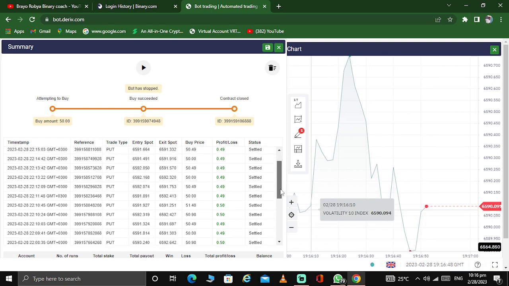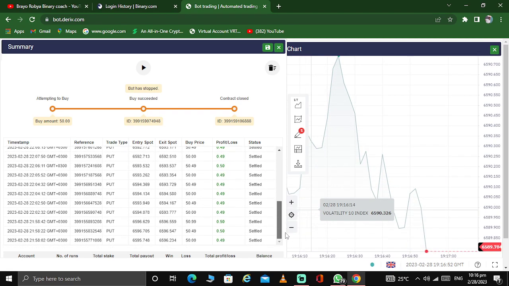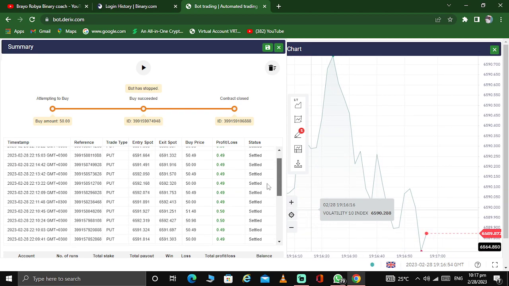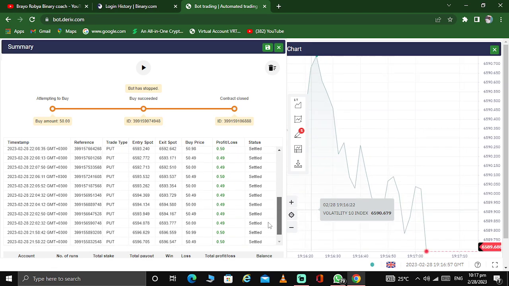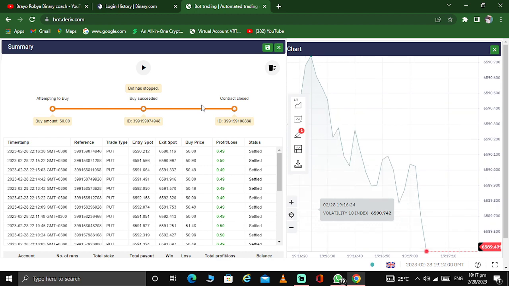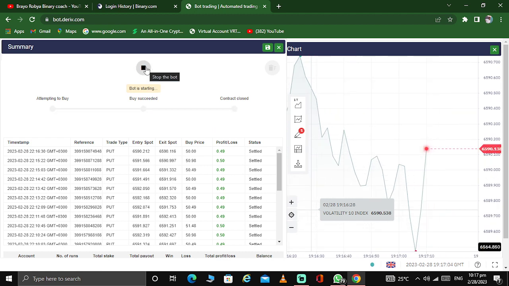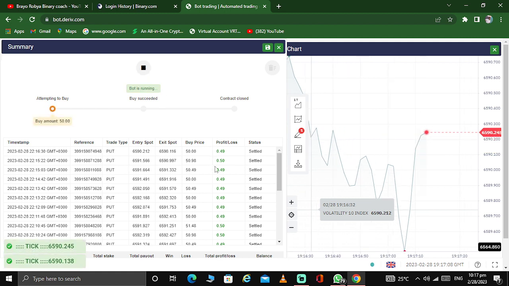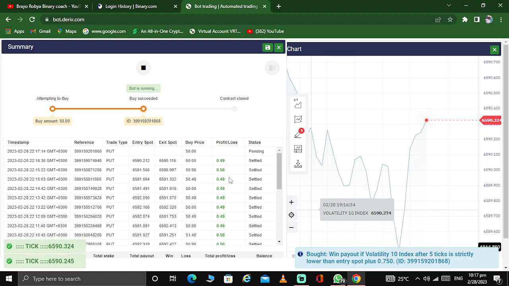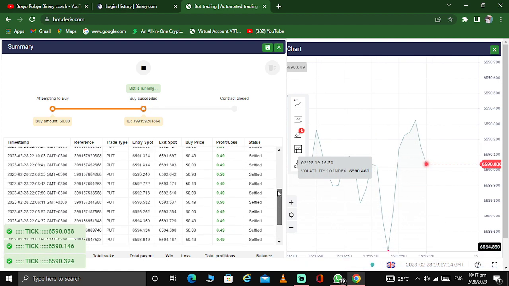So as you can see, for now, these are zero losses. Zero loss strategy. You can still make another run. Yeah, this is the profit level I've made. This is more than $10.